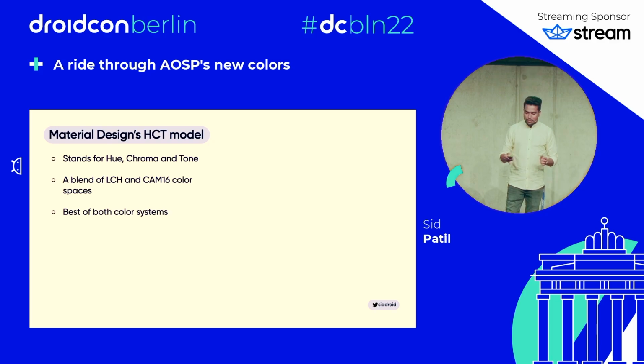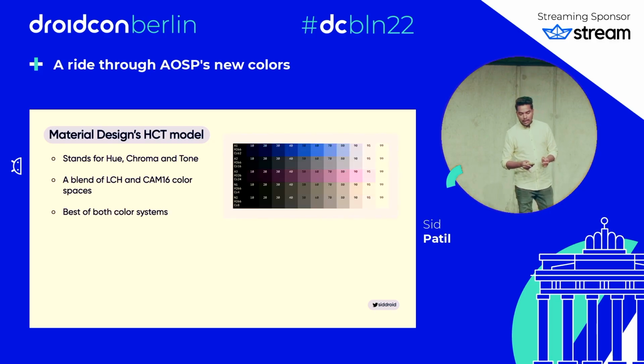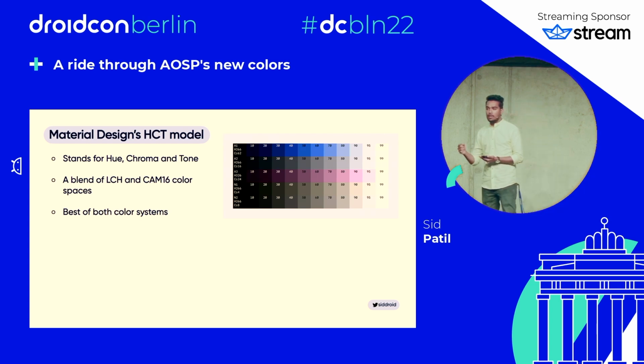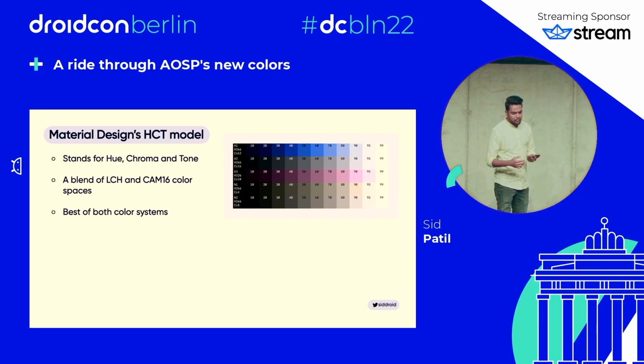So it's the best of both color systems, and here is some of this in action, like an HCT color space where you are mapping tone of different shades. So the way we do this is LCH is good at representing the lightness or darkness of a color, but the CAM16 color space is more suitable for playing around with the chroma and the saturation of the color.